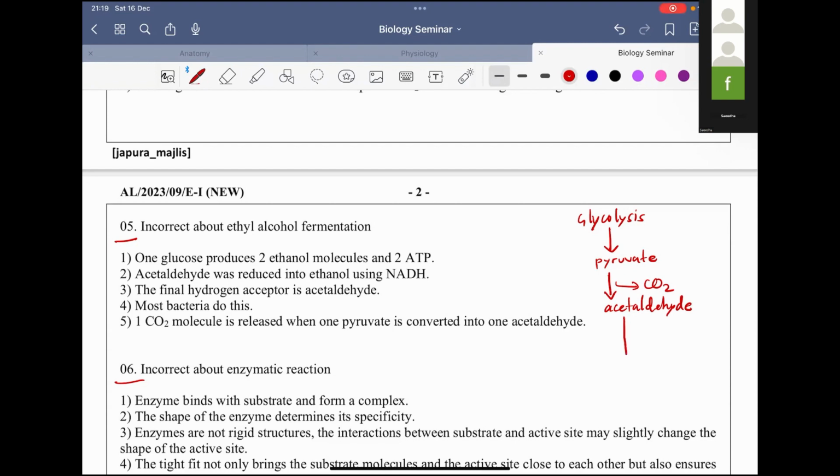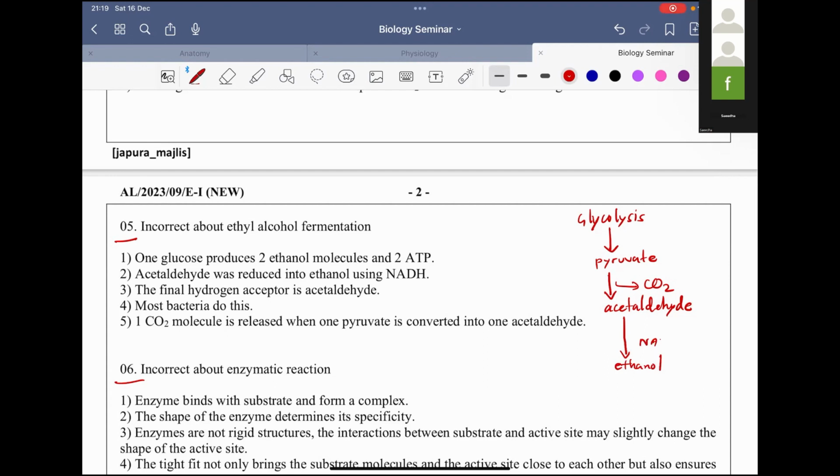Then acetaldehyde will be reduced to ethanol using NADH. It will use NADH and it will be reduced. This NADH is produced in the glycolysis process and it will be used here.